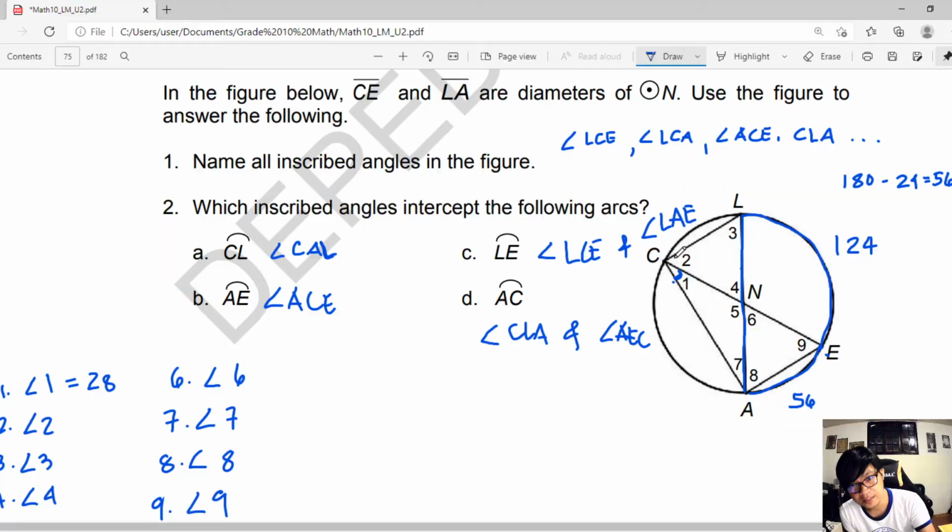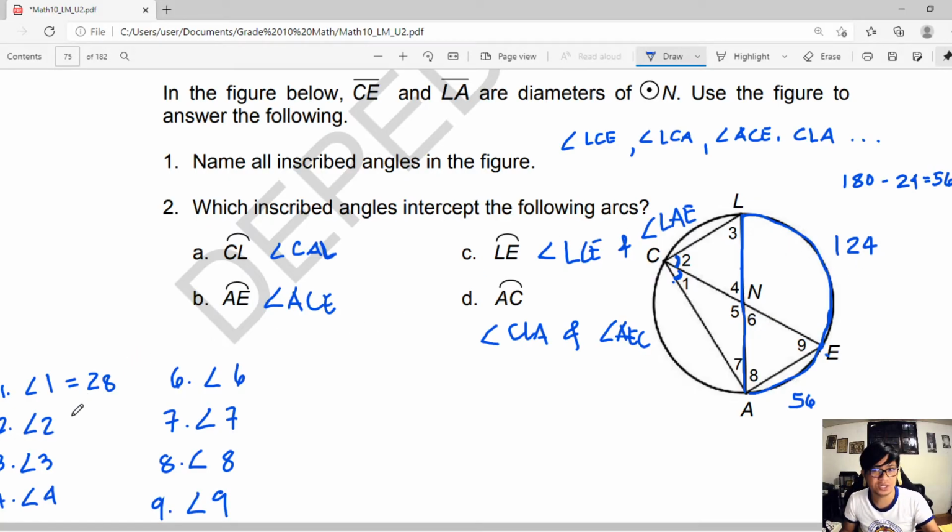What is the measure of angle 2? Ang kanyang intercepted arc is ito, from this to this one. The measure of the intercepted arc is 124. So, kunin na lang ninyo ang 1/2 ng 124.